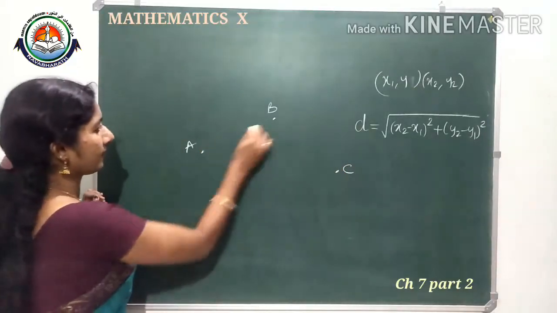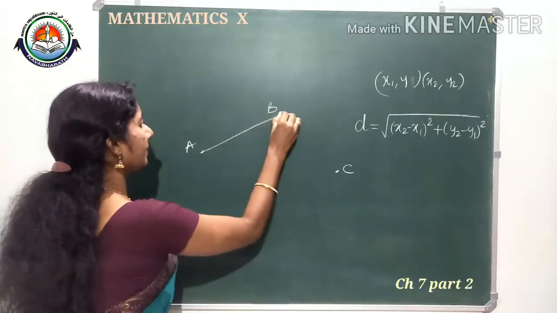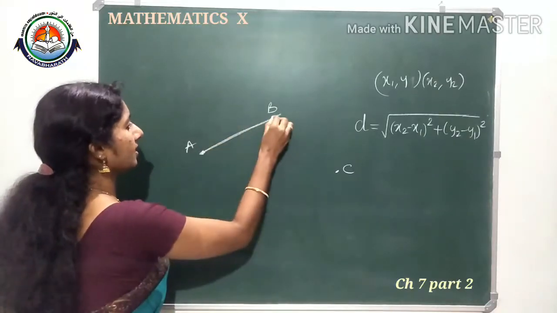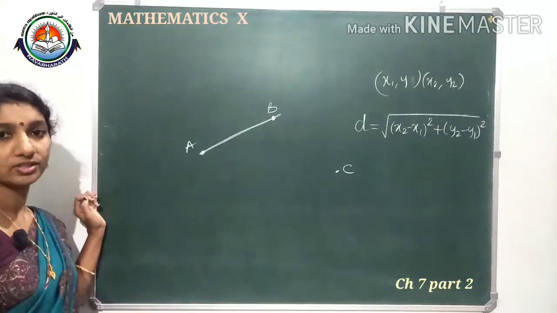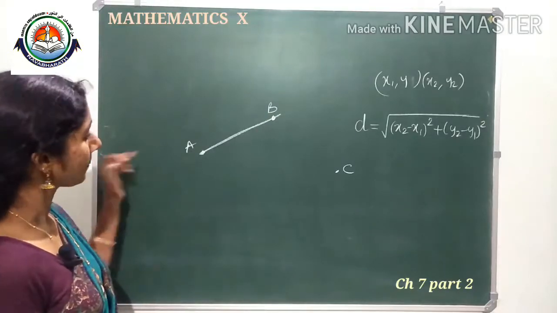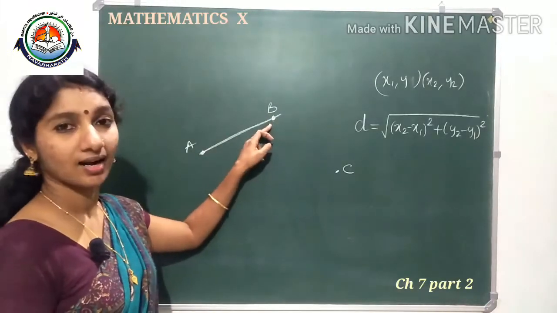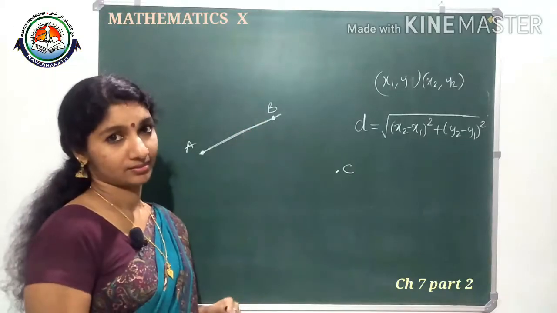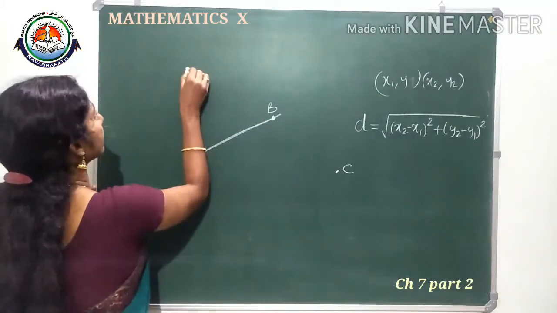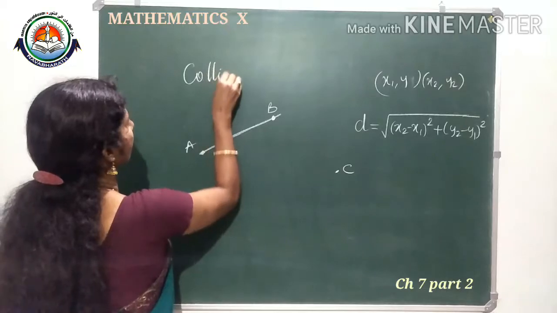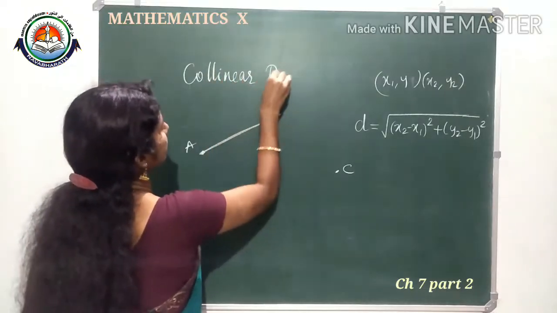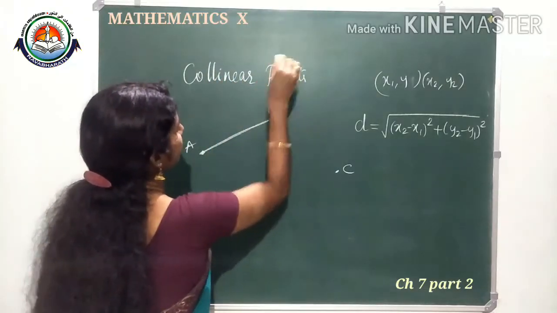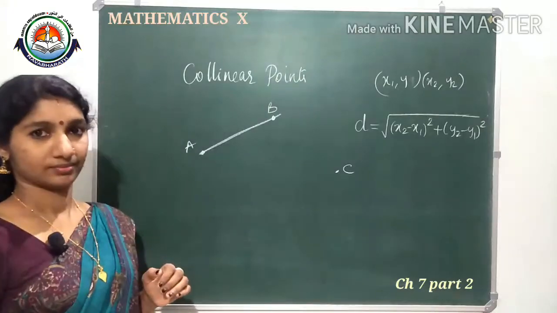See, this A and B lie in a single line. By joining 2 points, we can say these 2 points lie in the same line, or we can say these 2 points are collinear points since they lie in a single line.